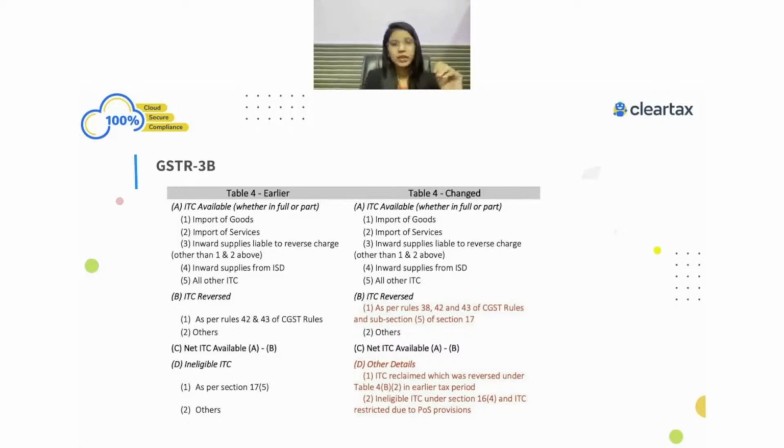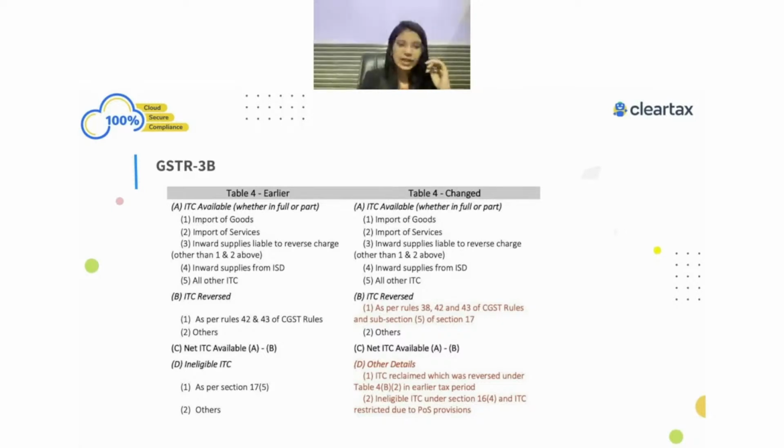So where you had claimed it and you have also reversed it in 4B2, where there was an ineligible ITC as per section 17.5, which means you can't claim that ITC. For example, personal consumption, rent-a-cab services, and you're not into that business, I'm assuming, and purchase of motor vehicles and all.